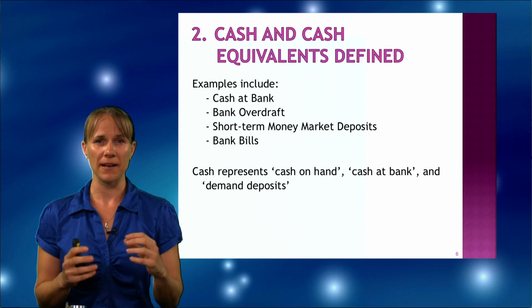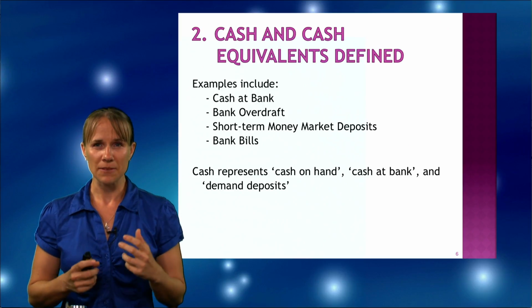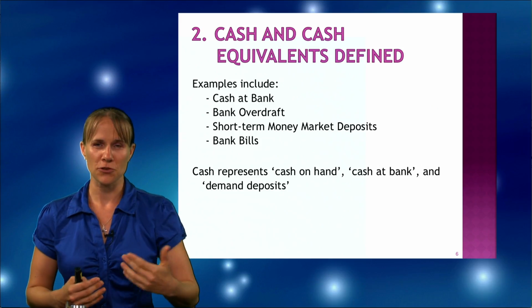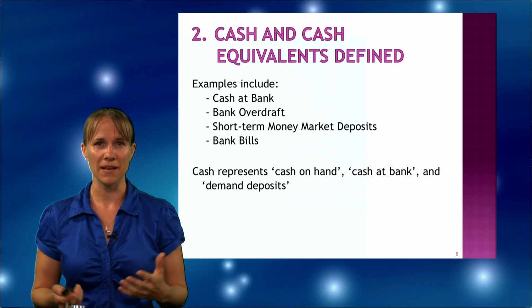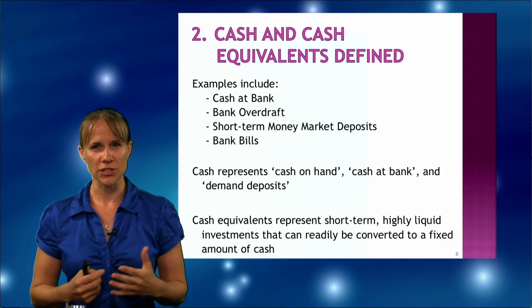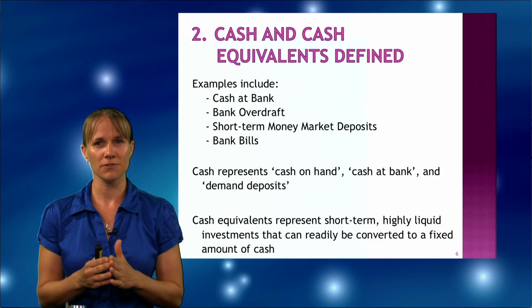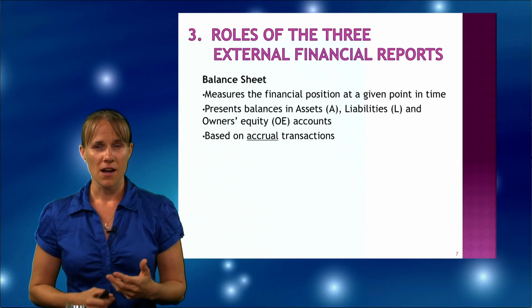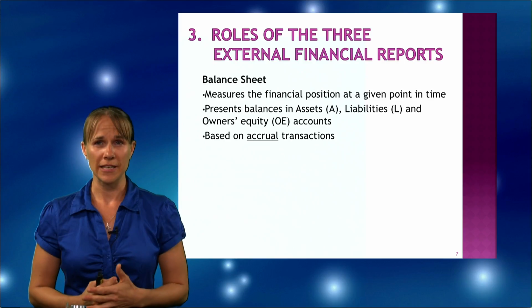You have a bank account, you deposit money into your bank account, and then you can demand that money back, as in you go and withdraw it from the bank whenever you wish. So it's on demand. So cash equivalents represent our short-term, highly liquid investments that can readily be converted into a fixed amount of cash.